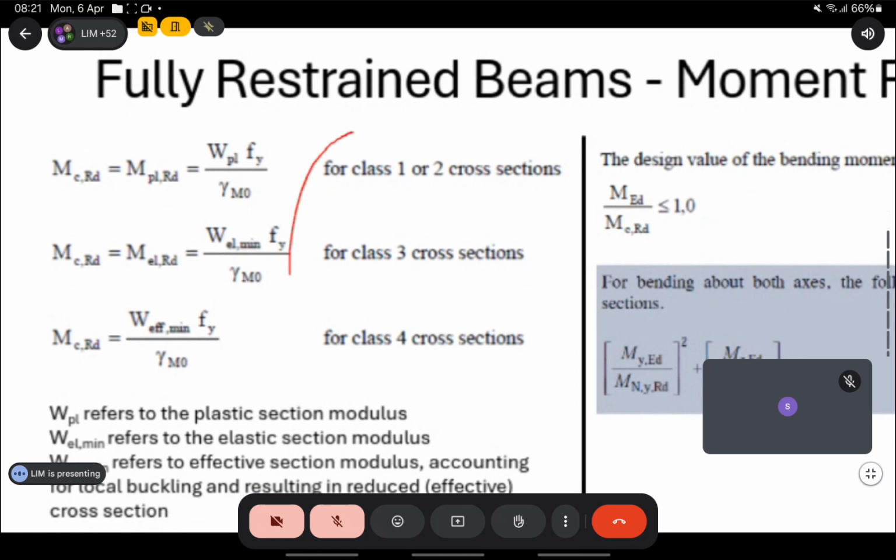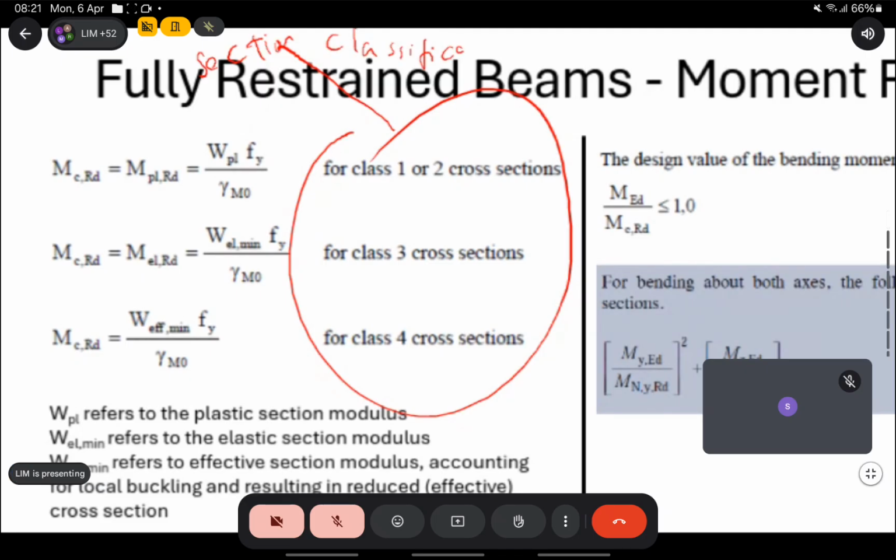That's why you have to do your section classification, and that's why I taught you how to do section classification last week, so that you know whether your beam is class 1, 2, 3 or 4, because the formulas are different for the different classes. So we go through one by one.